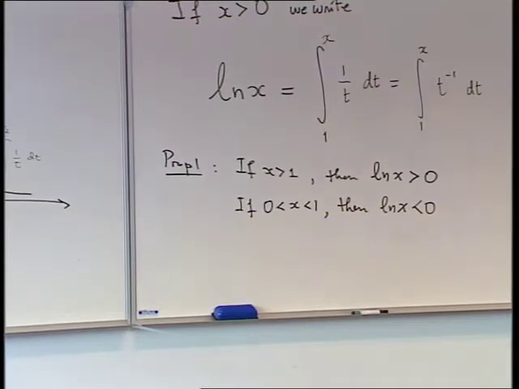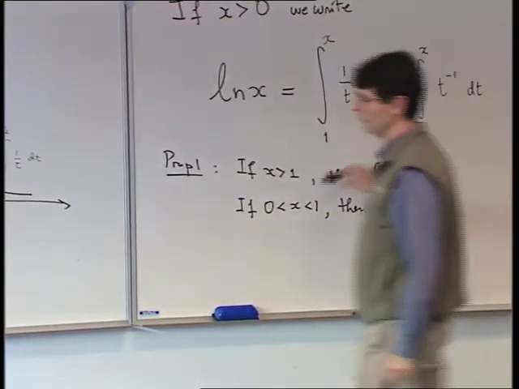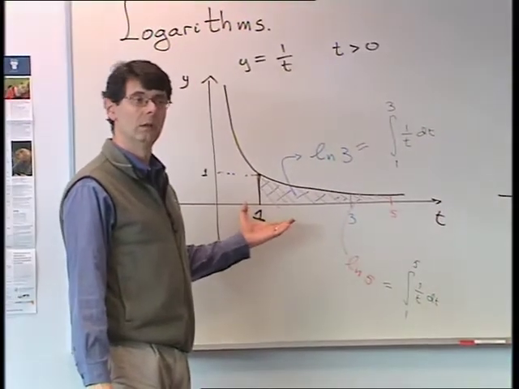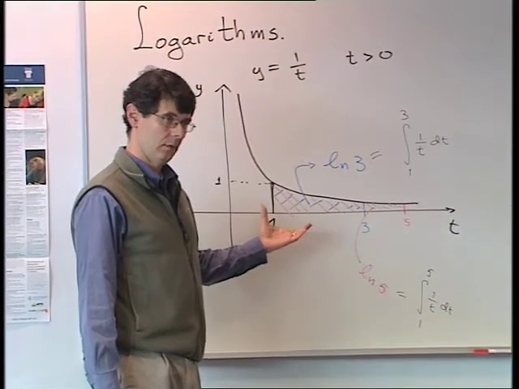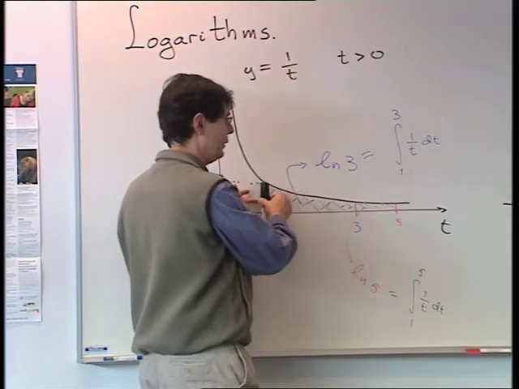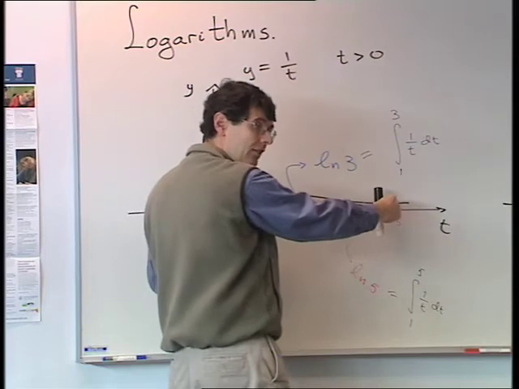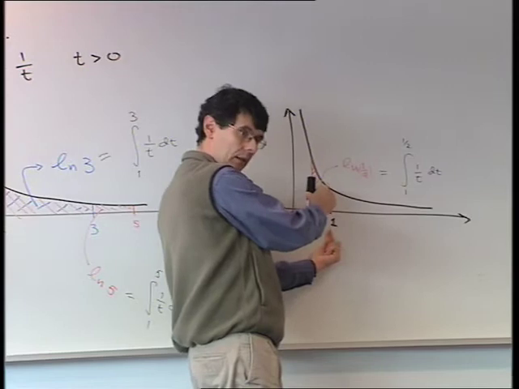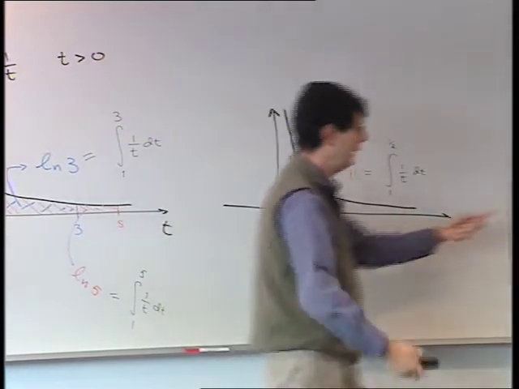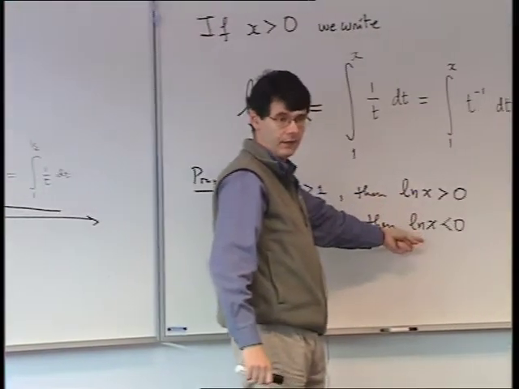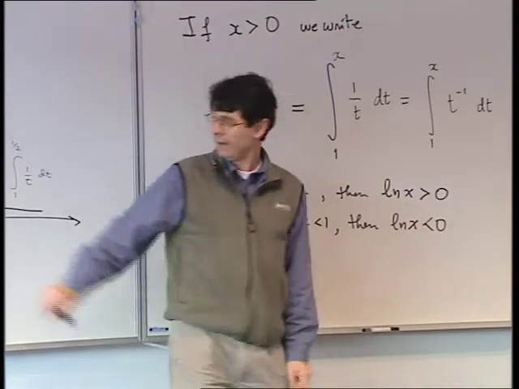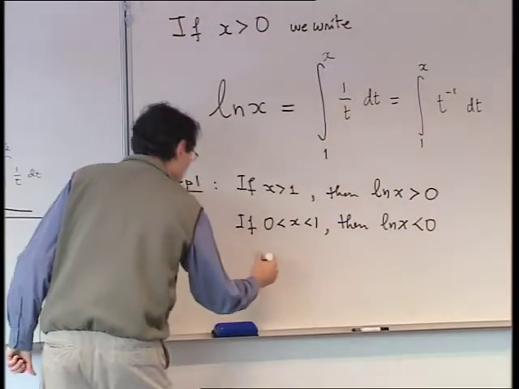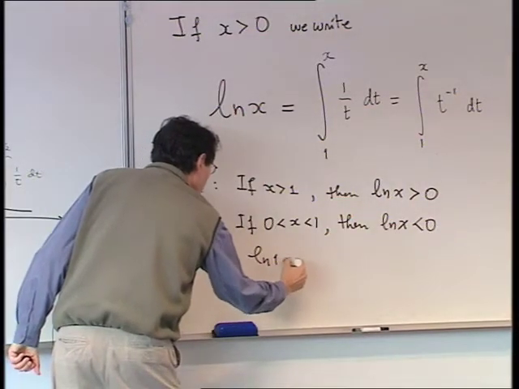And you don't have to prove these properties here in this course. They are just common sense from here. If you go from 1 to a value x that's bigger than 1, it's a positive area. And if you go from 1 to a value of x that's less than 1, you get a negative area. So that's why it's positive here and negative there. It's what I have already discussed in here. By the way, log of 1 is 0.